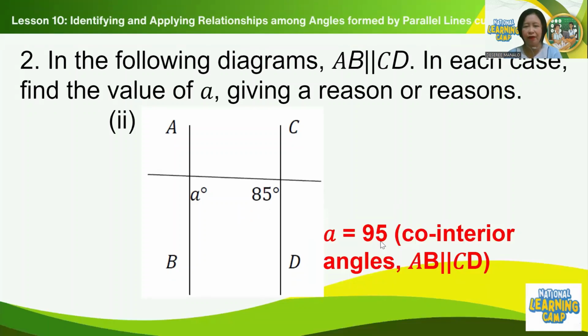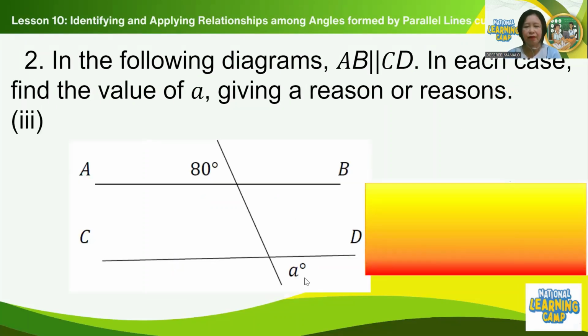So it is 95 degrees, because of co-interior angles, AB parallel to CD. How did we get 95? Since same side interior angles are supplementary, the sum of the two angles is 180. So 180 minus 85. That's why the answer is 95.